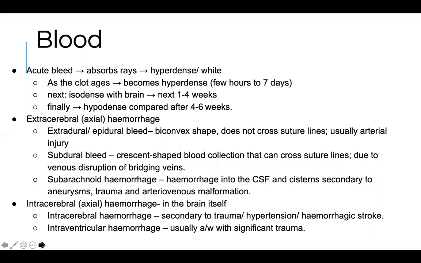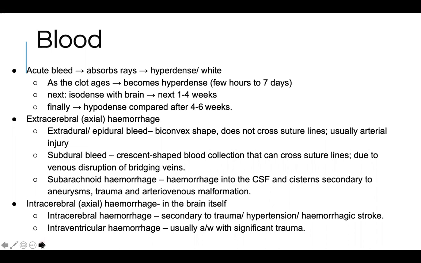So in terms of an acute bleed, it would look very bright on a CT scan. And then as the bleed ages, it becomes darker. This can take a few hours to 7 days to become hyperdense.